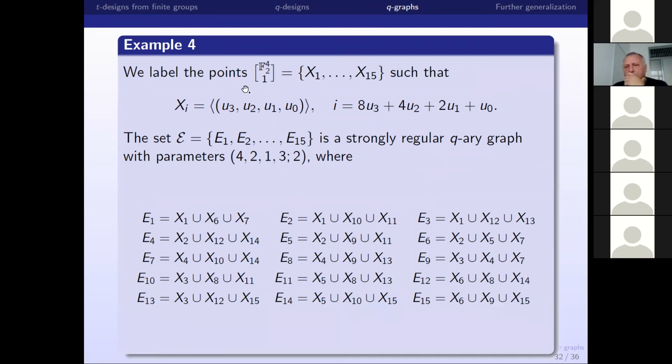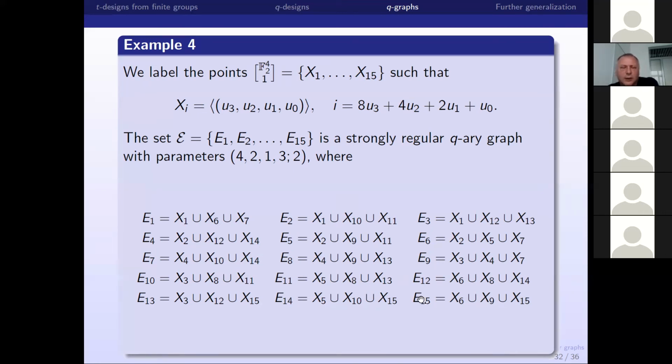We have vertices, not points. So we have these 15 one subspaces, x1 to x15, and then we form these 15 subspaces E1 to E15.